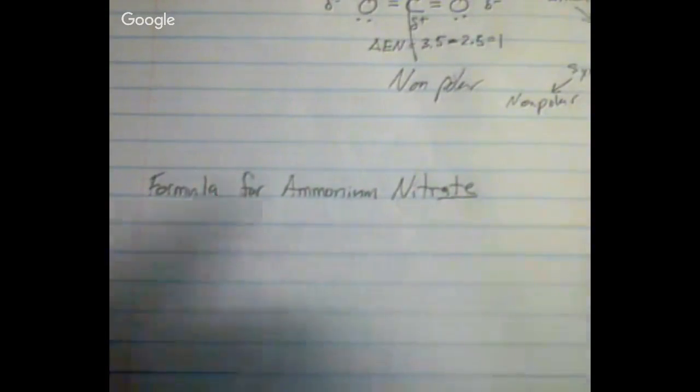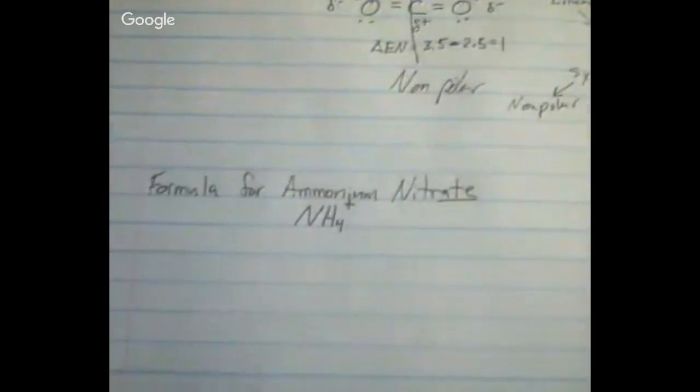And then nitrate, where would we find that? It's nitrate, which is going to be nitrogen, but with other elements. It's a polyatomic ion, a multiple atom ion. It has a charge.